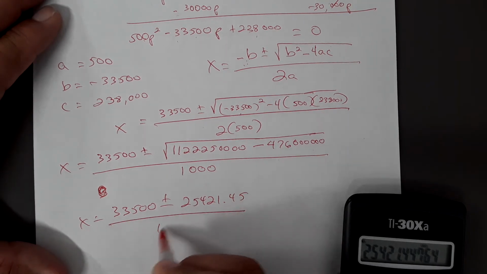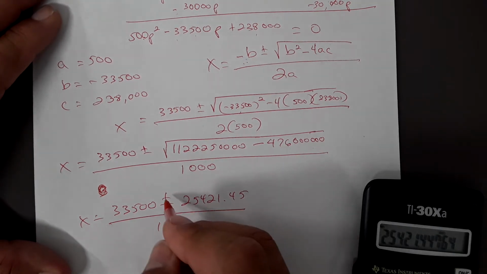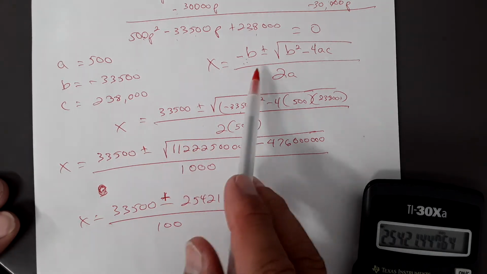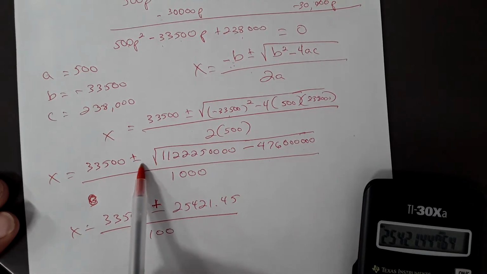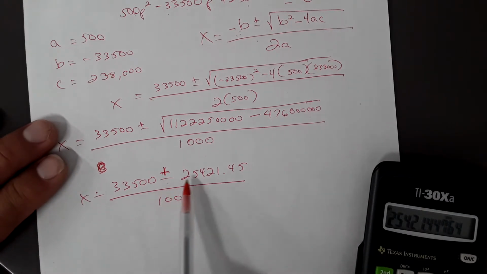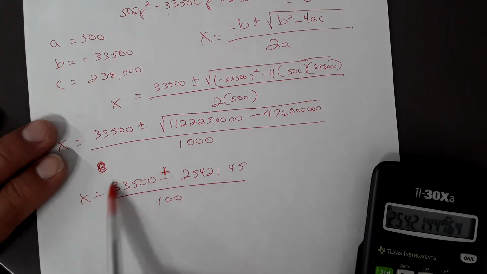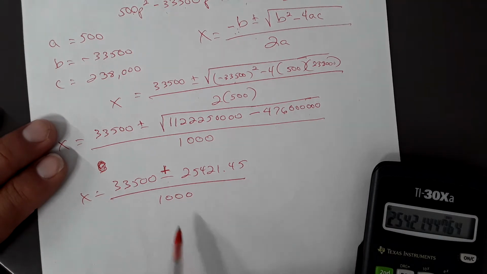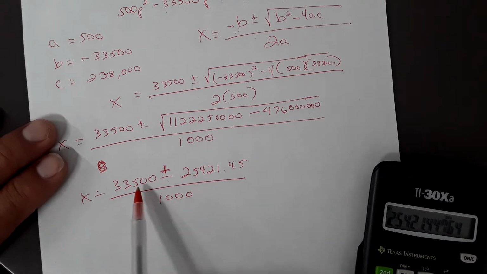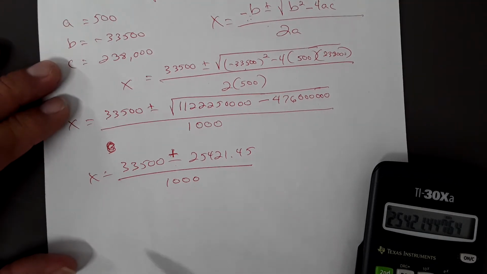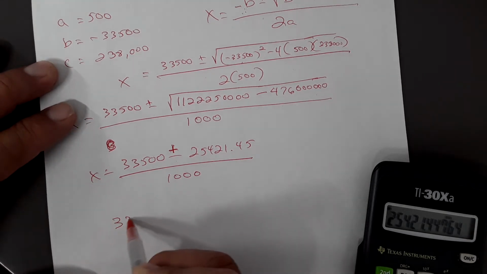25,421.45 all over 1,000. So this plus or minus sign, I haven't talked about it, but if you remember, that doesn't come into play at all in the problem until right here. And now you're going to work it twice. You're going to work the numerator with the plus sign, so you're going to add the 2 and then divide by 1,000, and then you're going to work it again where you subtract them and then divide by 1,000, and this will give us 2 break-even points.